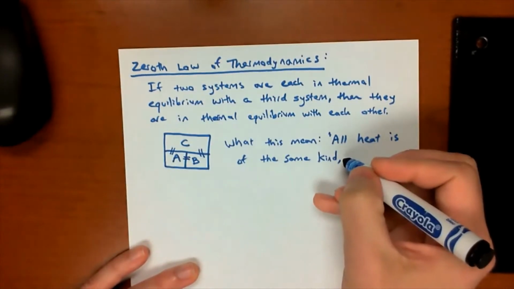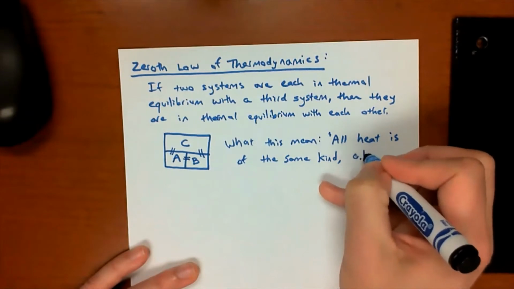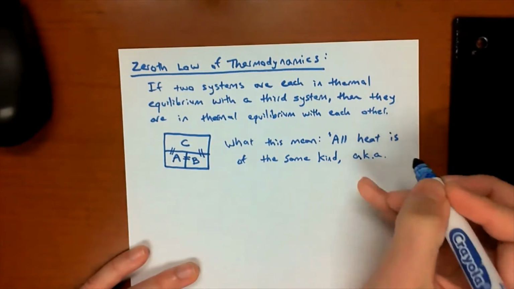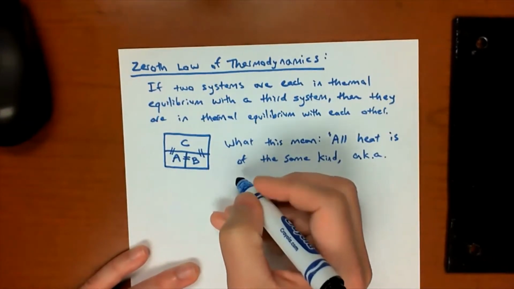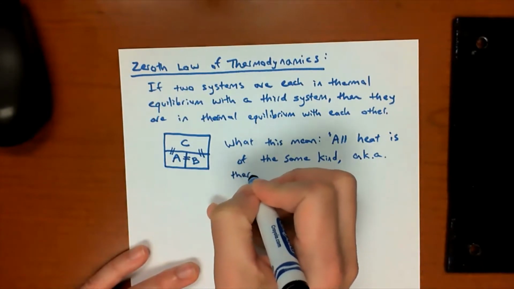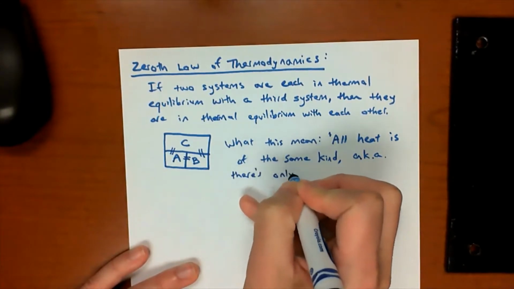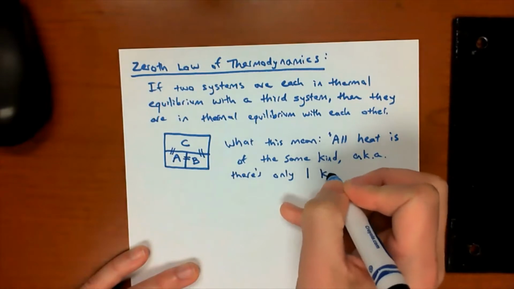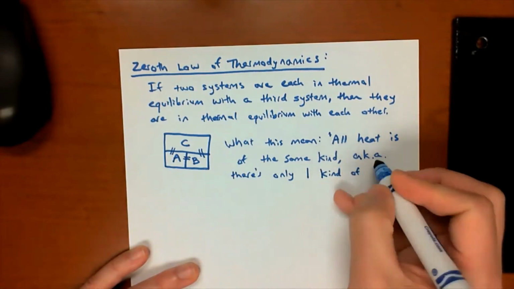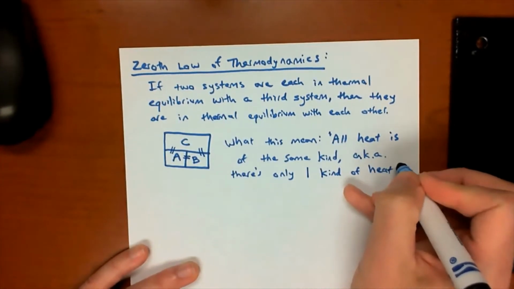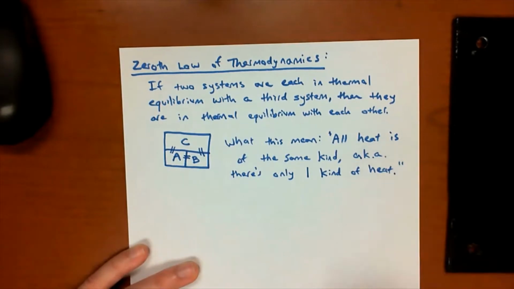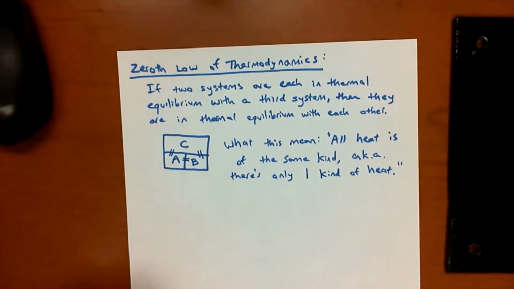In other words, there's only one kind of heat, which almost sounds silly to us now. Of course there's only one kind of heat. What does that even mean? But it was not clear at all in the late 1800s and early 1900s that that was true.